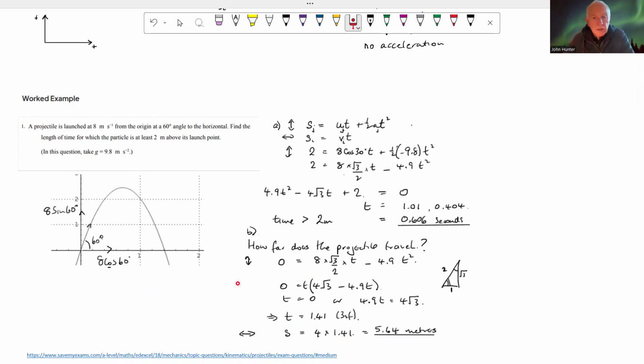Again, it's the same theme really. Very often we're using the vertical to find the time of travel, and then from that we'll find the horizontal distance. But these problems come in variations of the same theme.